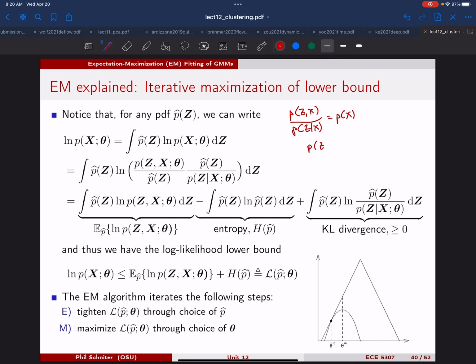If you write it this way, hopefully that looks familiar. That's just the usual definition of conditional probability.